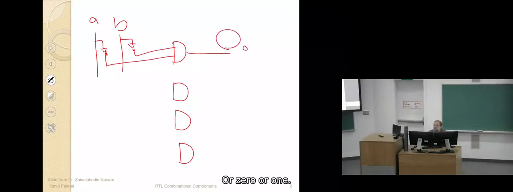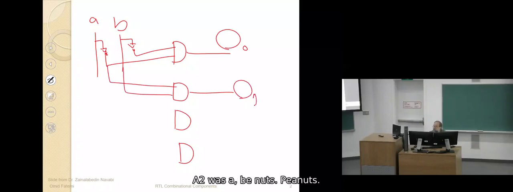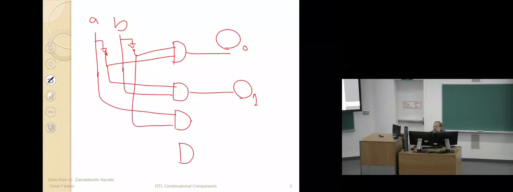O1 was A0 B. This is O1. O2 was A B0. And O3 was AB.